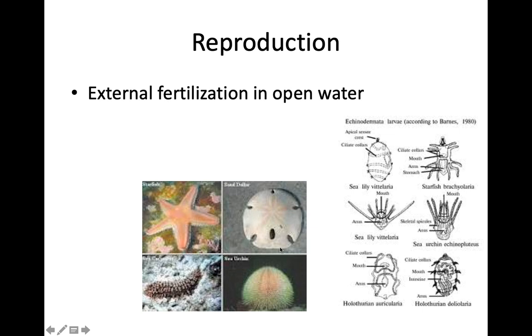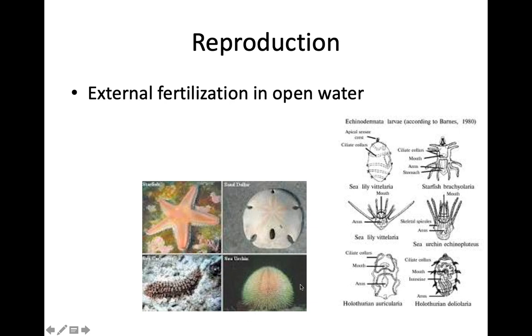When that fertilization produces fertilized eggs, when they hatch, they produce larvae, and these are a wide variety of larvae depending on the type of echinoderm. These larvae will swim around for a little bit, and then eventually they'll swim to the ocean floor and develop into the adult forms.